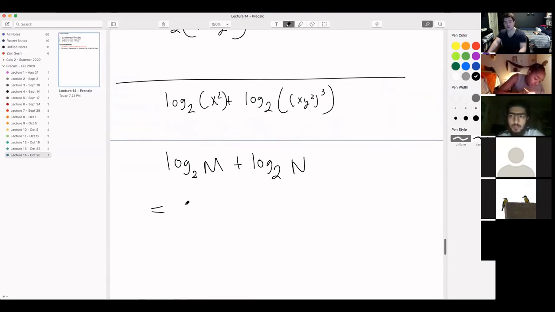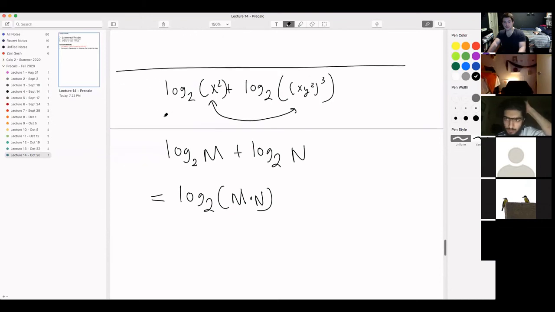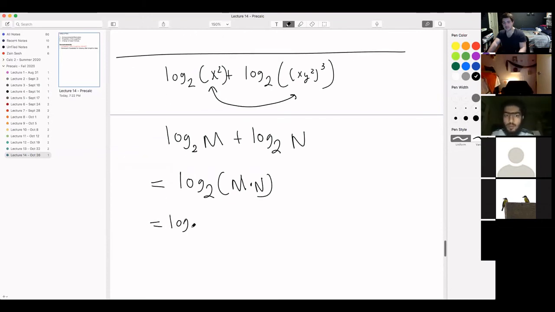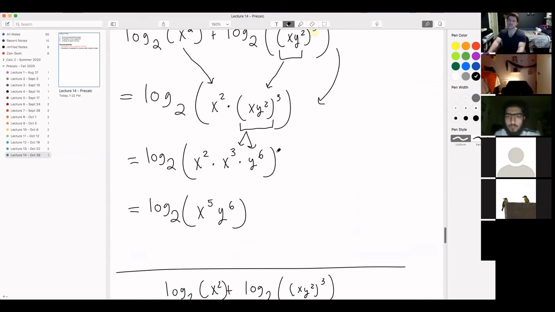And by the product rule, this is the same thing as log base 2 of m times n. So I want to multiply these two inputs together and write it as one logarithm. So this will be log base 2, I will multiply x squared by this input, xy squared to the third. You get that? And from this point onwards, it was just properties of exponents.